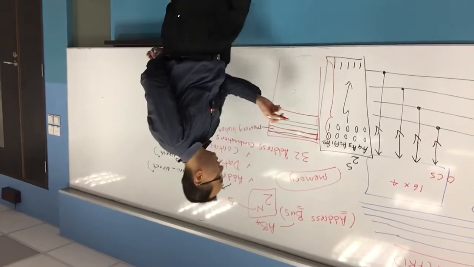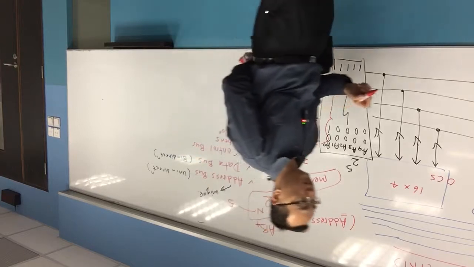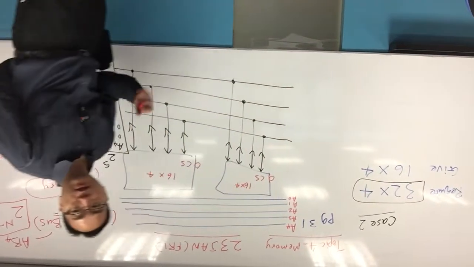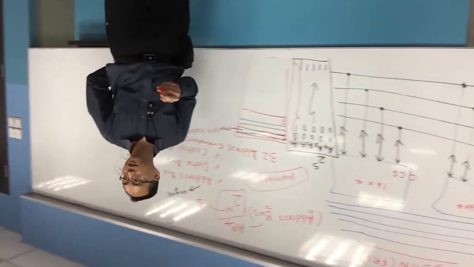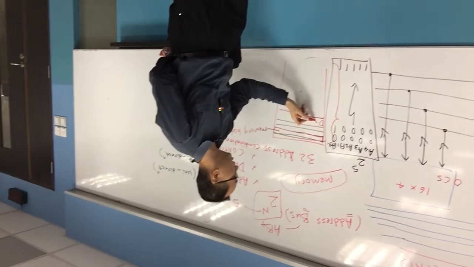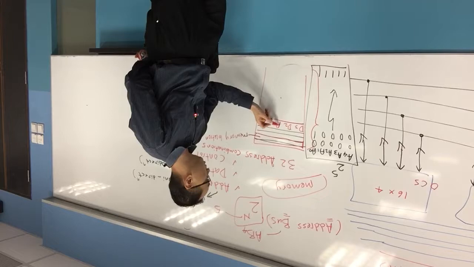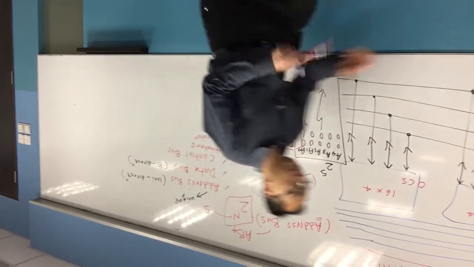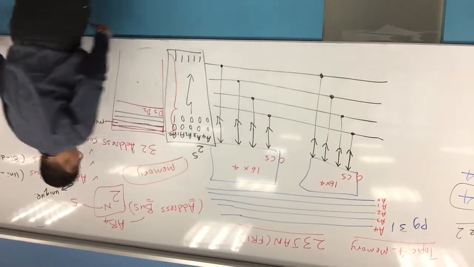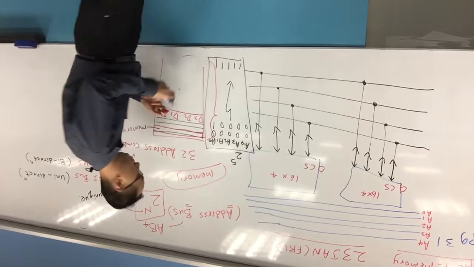I might represent it as D3, D2, D1, D0. DB means data bus, but to me it's just data. Is that clear?